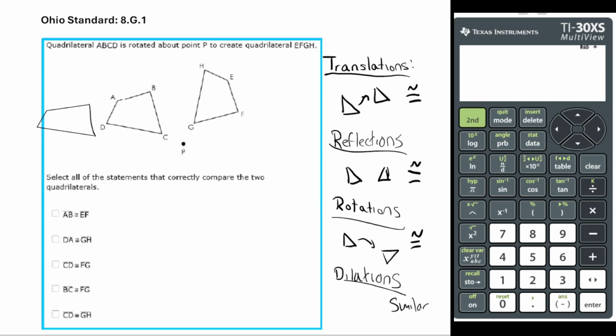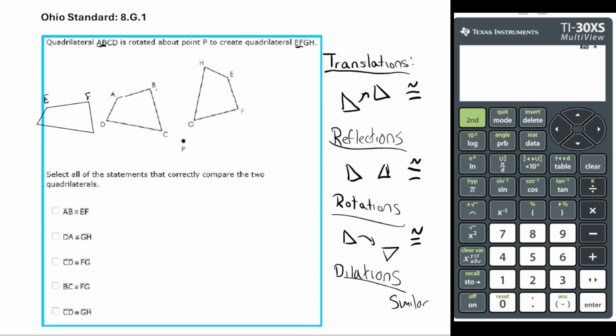Instead of A, because A is the first letter listed, it would be E. Instead of B, the second letter listed, it would be F. Instead of C, the third, it would be G. Instead of D, it would be H. So you should be able to recreate the original shape just based off of this.